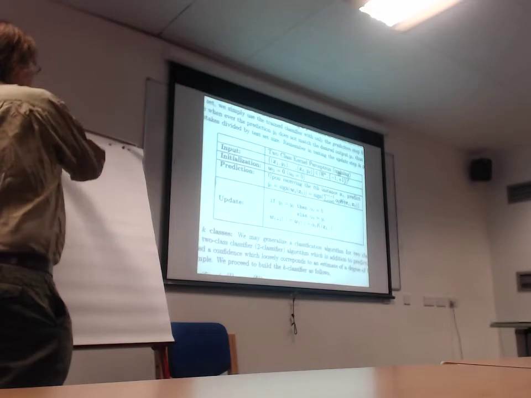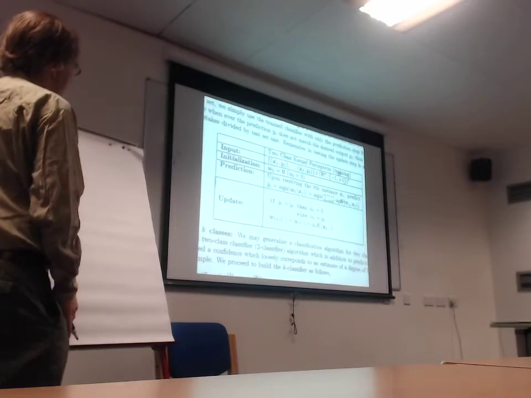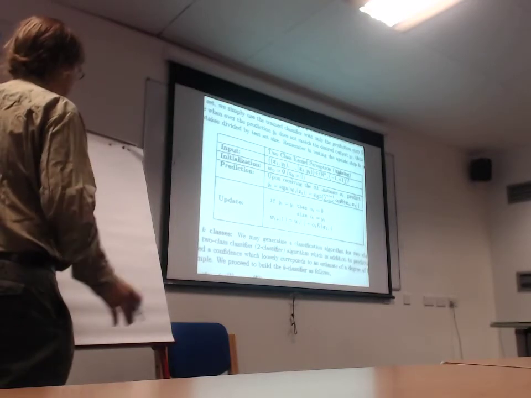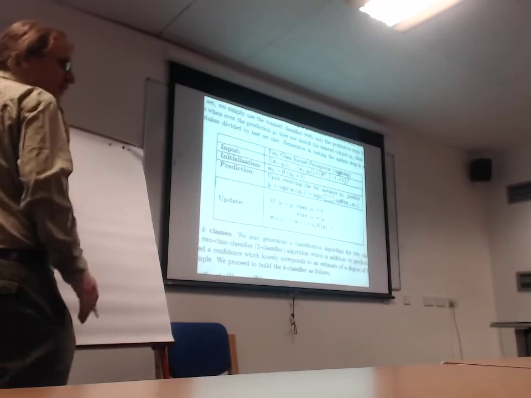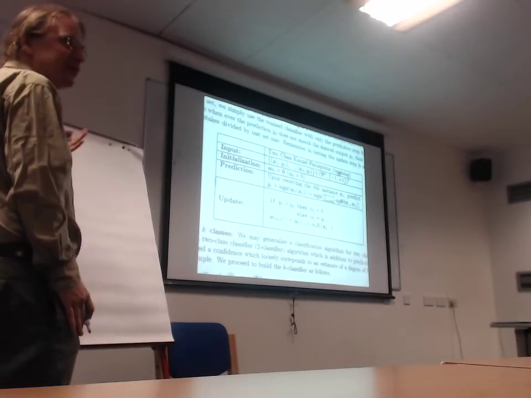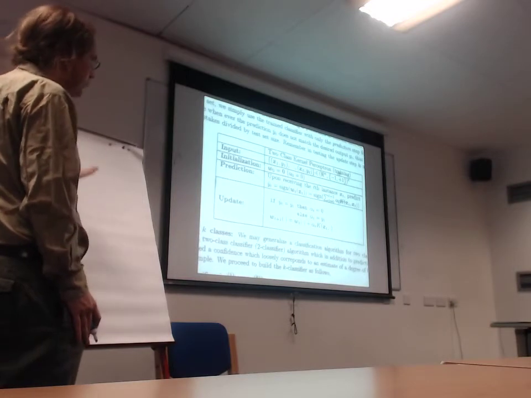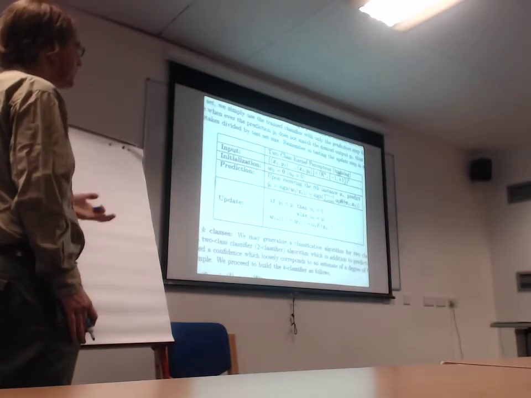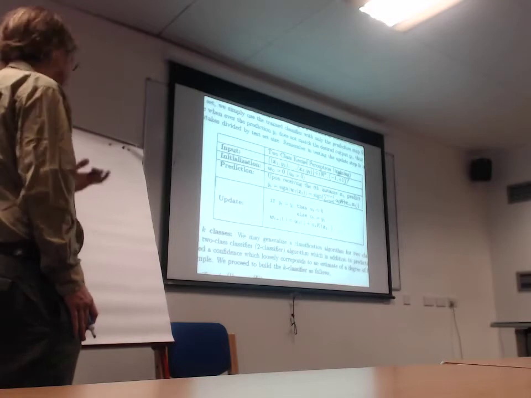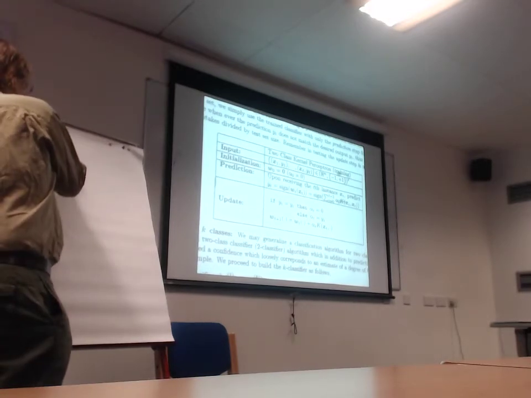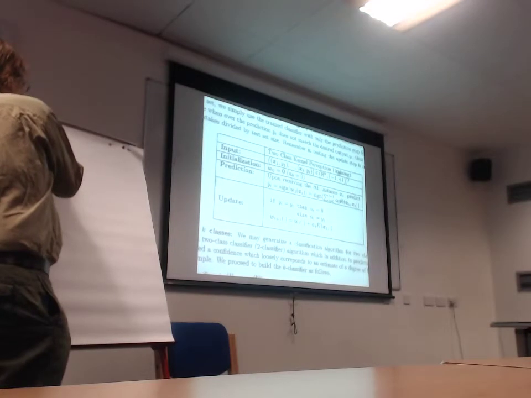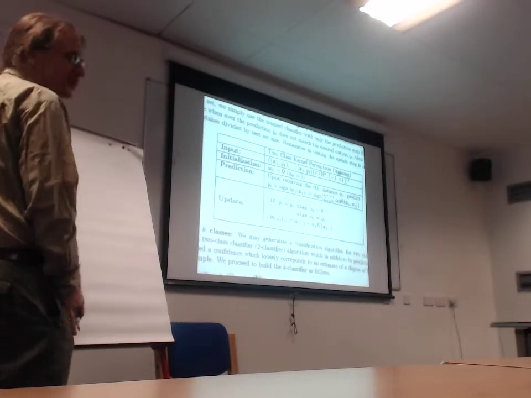We're going to build some linear classifier. We'll call it w_t. This will be your linear classifier after the tth iteration. You'll keep improving your linear classifier on each data point you get.